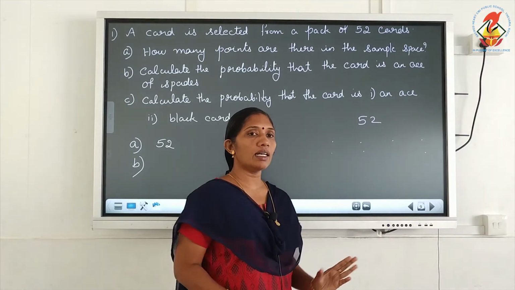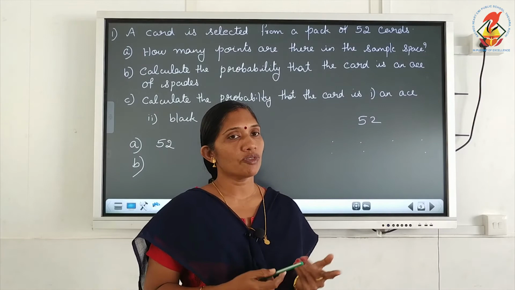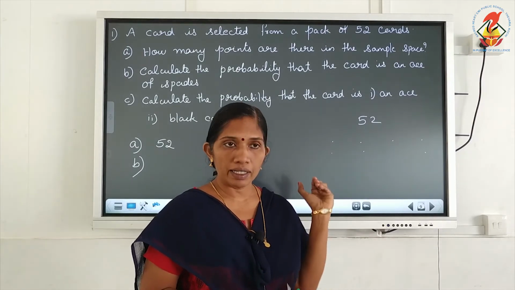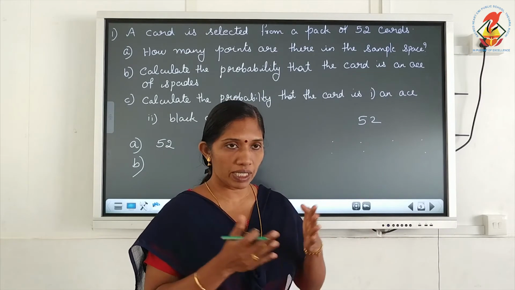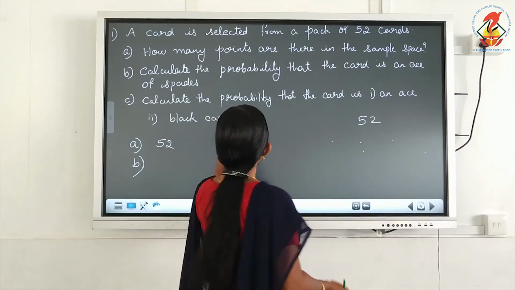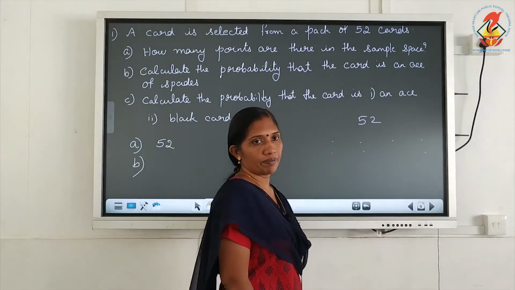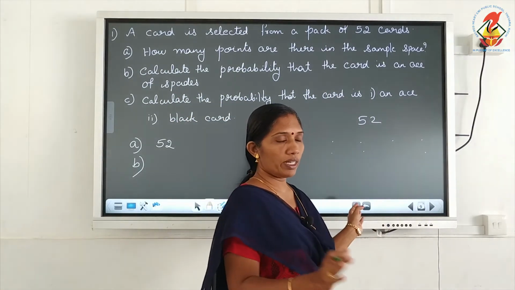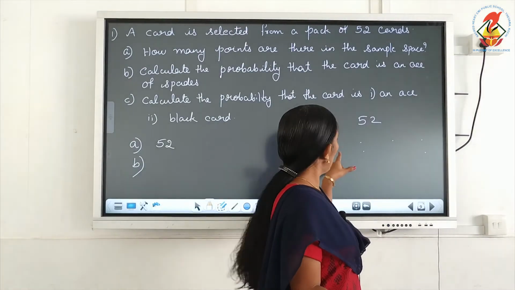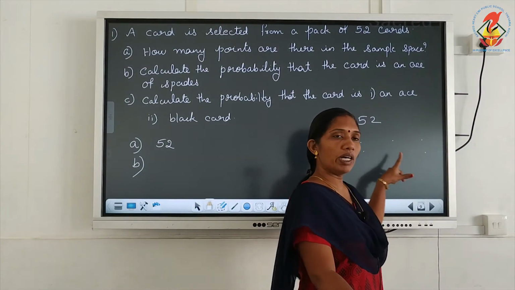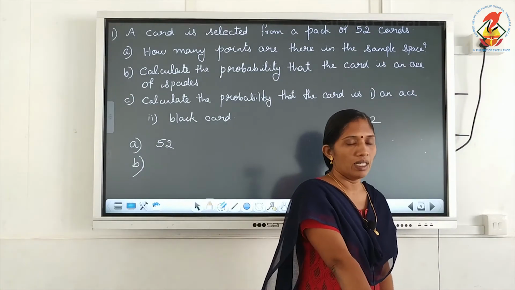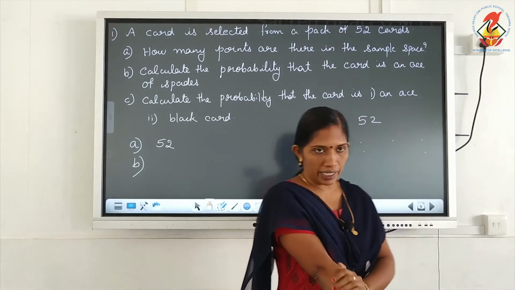In those 13 cards, one king, queen, jack, ace, then 9 number cards. That is the division. So in spades, how many aces? In total there are 4 aces only. One in spade, one in club, one in hearts, one in diamonds. So in spade there is only one ace.